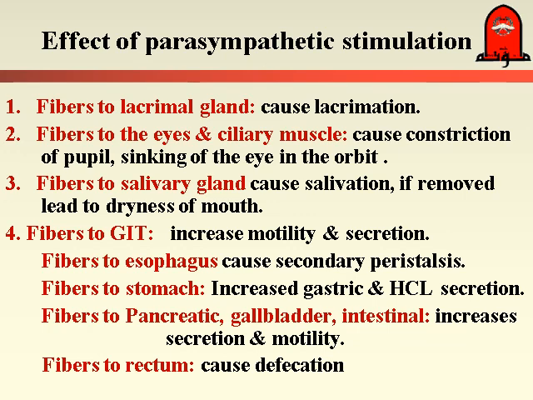Fiber to the pancreas, gallbladder, and the intestine: parasympathetic stimulation will produce an increase in the gallbladder secretion, an increase in the pancreatic secretion, and an increase in the secretion of the intestine, as well as the motility of these organs. Fiber to the rectum is very important for the process of defecation or evacuation of the sigmoid colon.